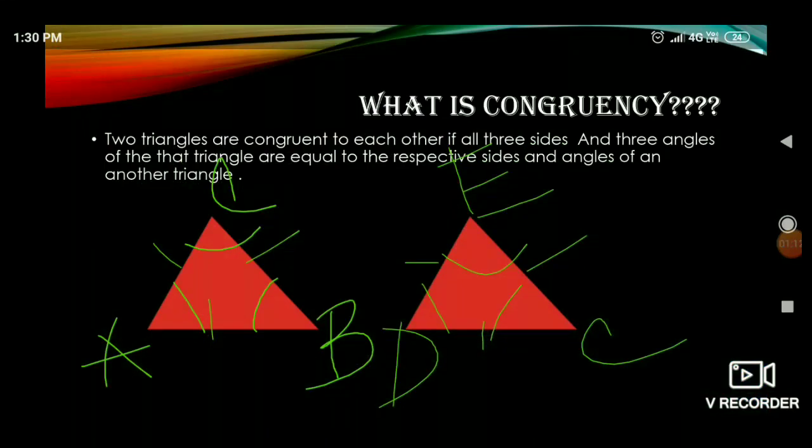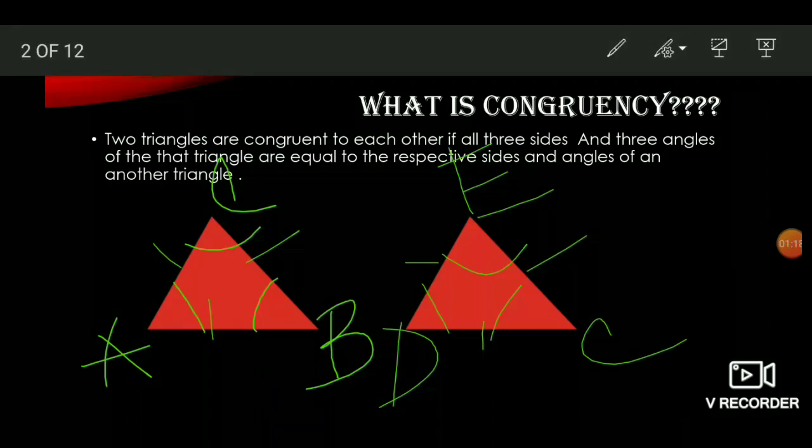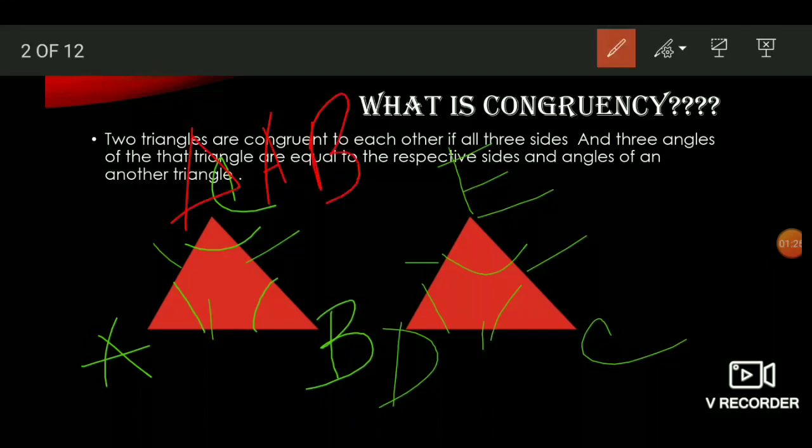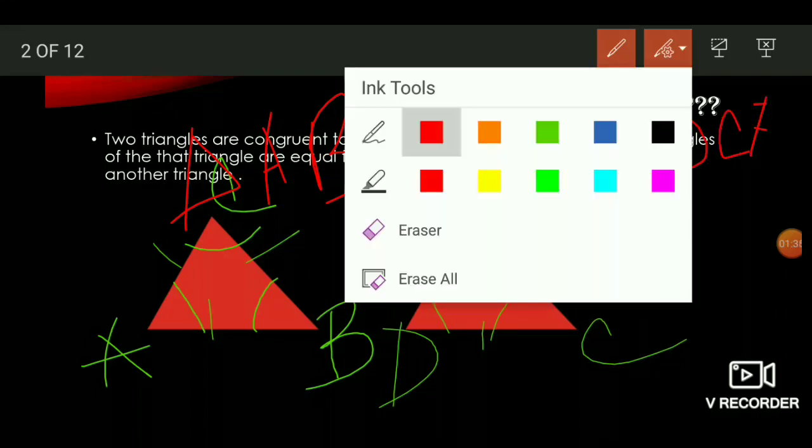First of all, what is congruency? Congruency is when two triangles are congruent. When we say that triangle ABC is congruent to triangle DEF, what are we referring to?